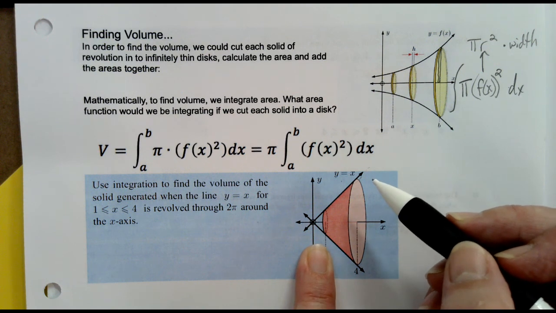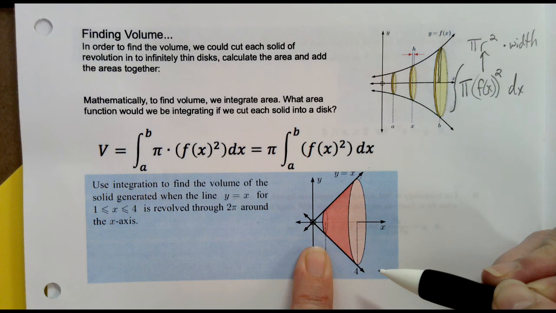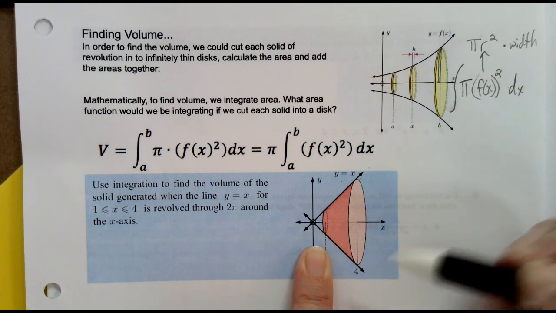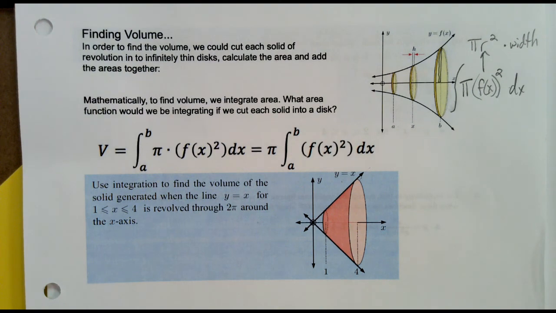So we are going to rotate this. And by the way, I hope you can really kind of visualize that shape. Since it is cut off, this is not a cone. It is what you call a truncated cone, meaning the end is cut off.